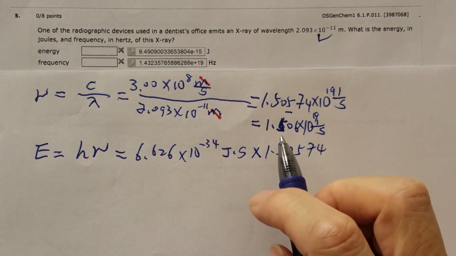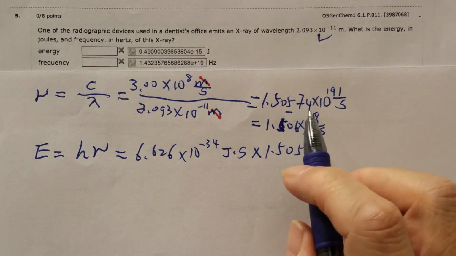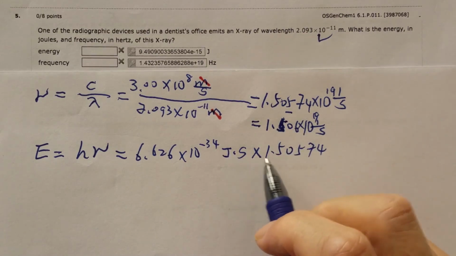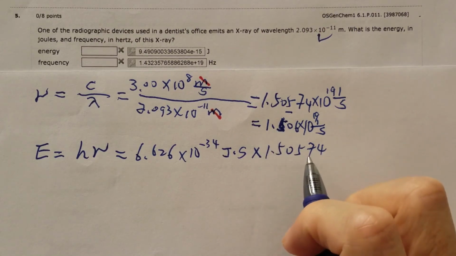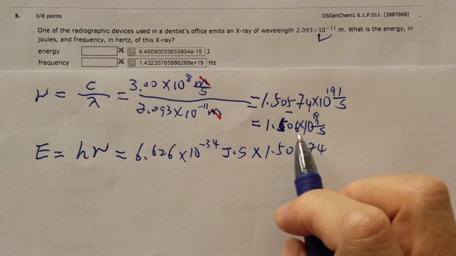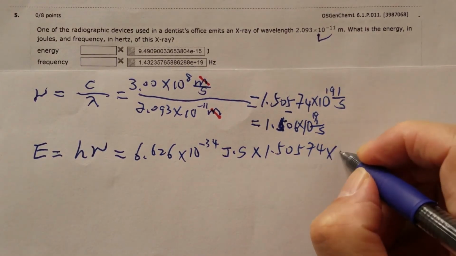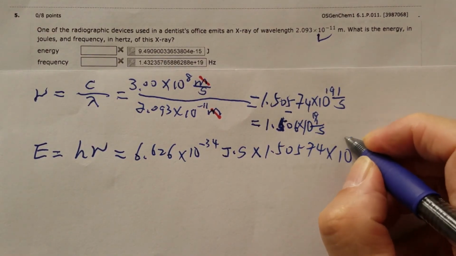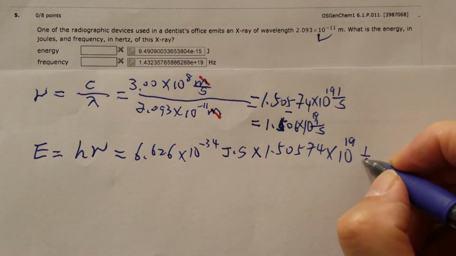Note that I didn't use 1.506, I used 1.50574, the original one, because in this step, this answer is not the final answer. It's only an intermediate answer, so I will not use the rounded values. That gives me better calculation accuracy. Times 10 to the positive 19. And again, that's 1 over s.